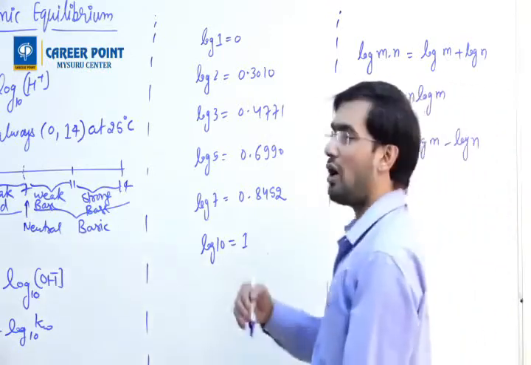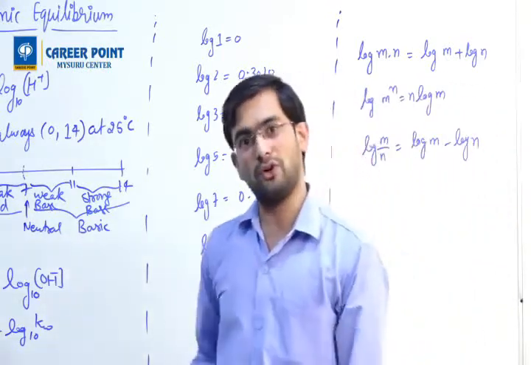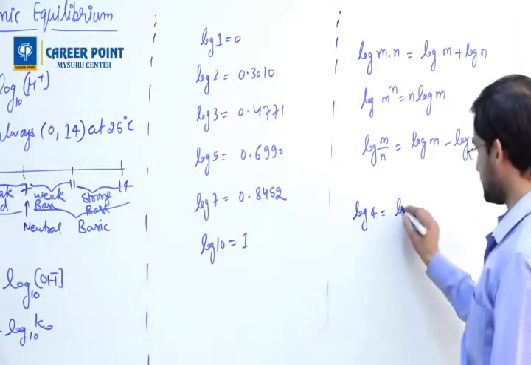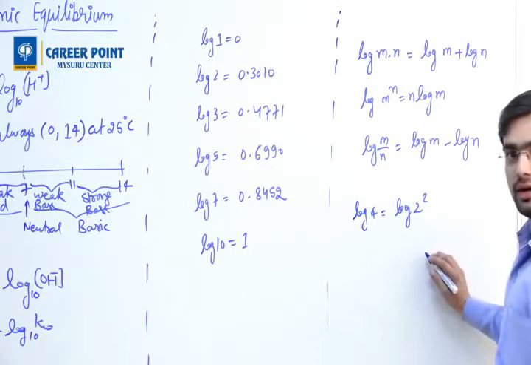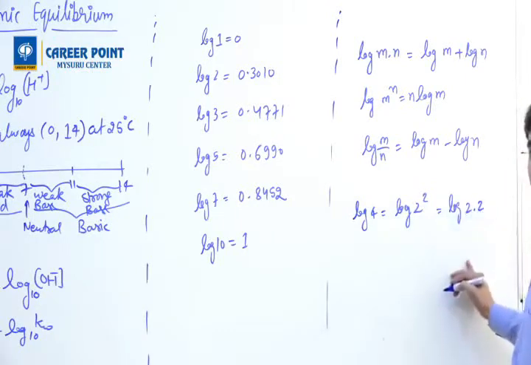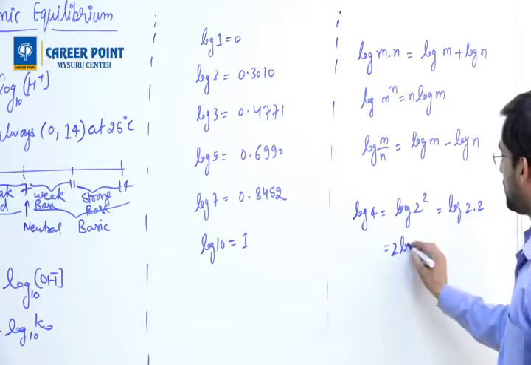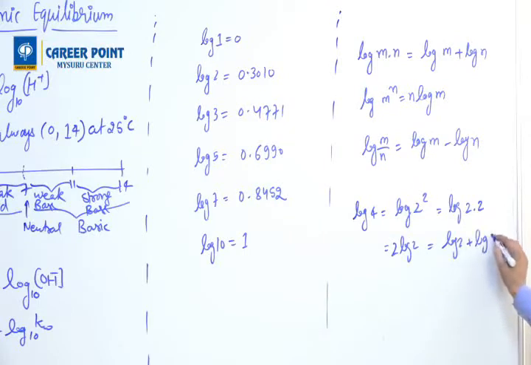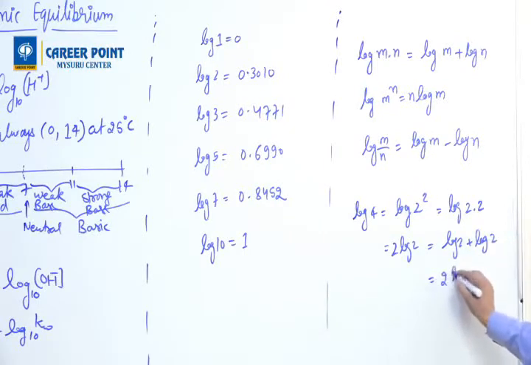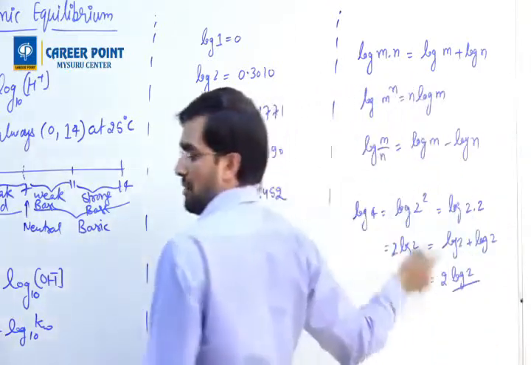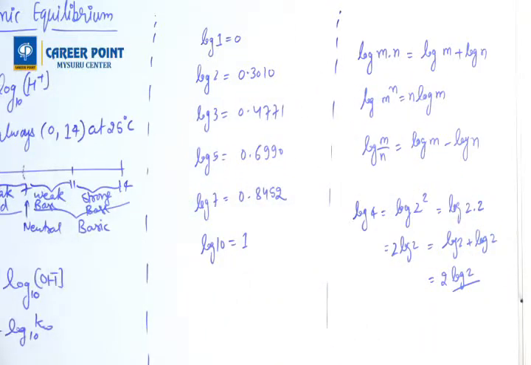So let's take log 4, which you want to find. 4 could be written as 2 square, so log 2 square, or it could also be written as log of 2 into 2, which is log 2 plus log 2, which equals 2 log 2. I know the value of log 2. Multiply by 2 and we get the answer. That's why I am not writing it.